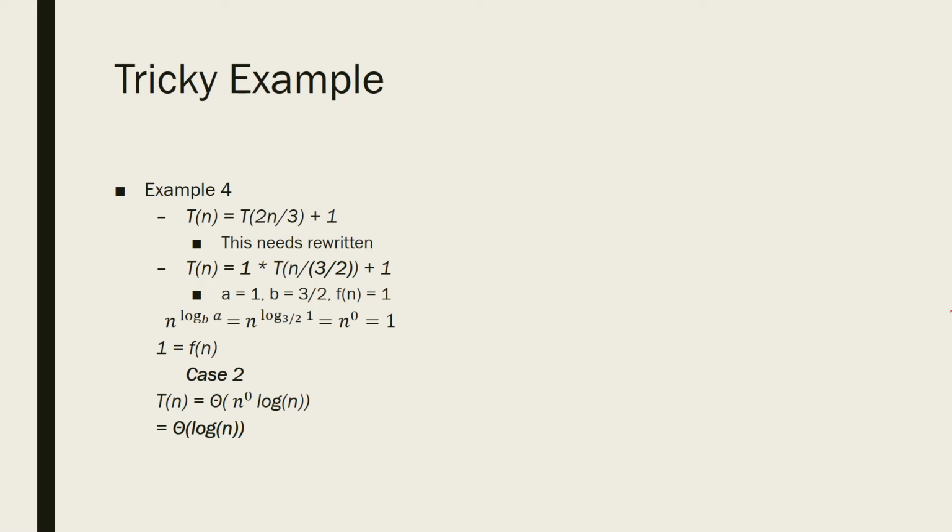This 1 equals our f of n, which is also 1, or in terms of n, n to the 0. This is a case 2 relationship, which gives us T of n equals theta n to the 0 times log n. N to the 0 is 1, so we can simplify this to just theta log of n. And that's all there is to it.